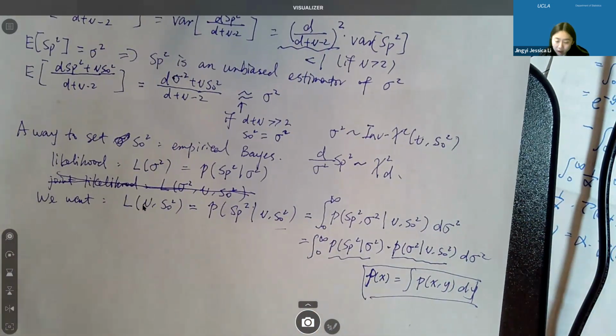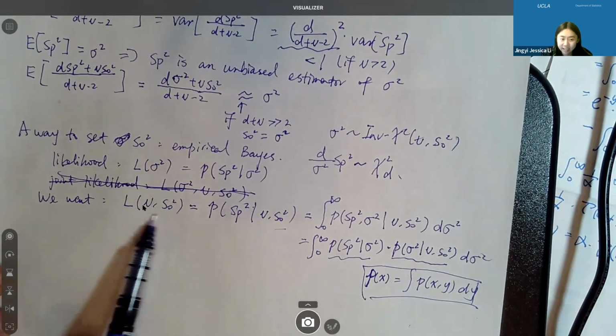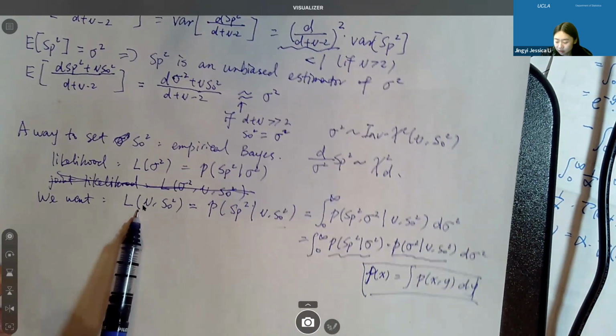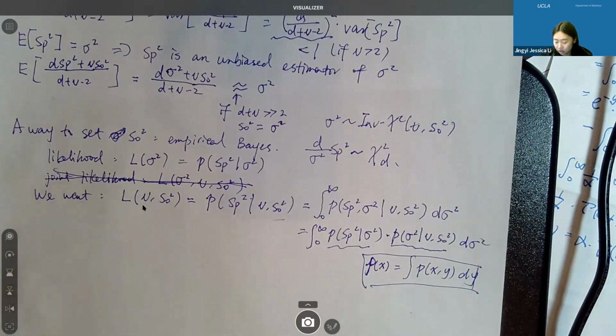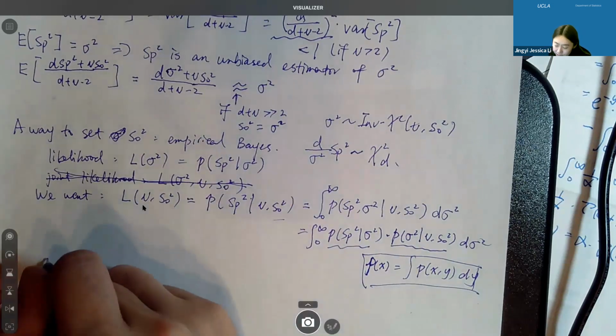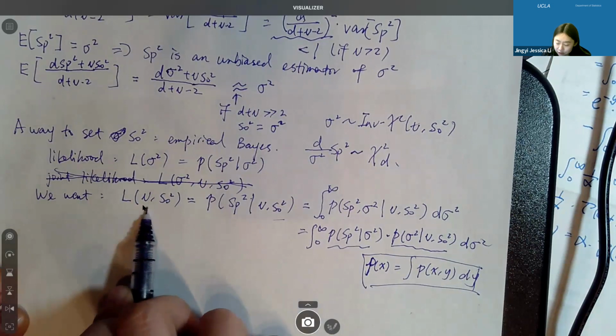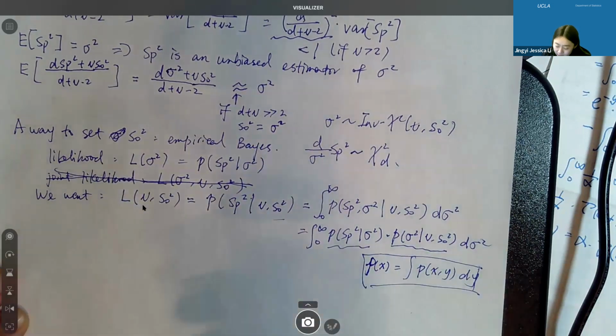So ignoring all the technicality, assuming that you can get this marginal likelihood of the hyperparameters, just the V and S0 squared, then empirical Bayes will find the maximizer of this function as the estimate.